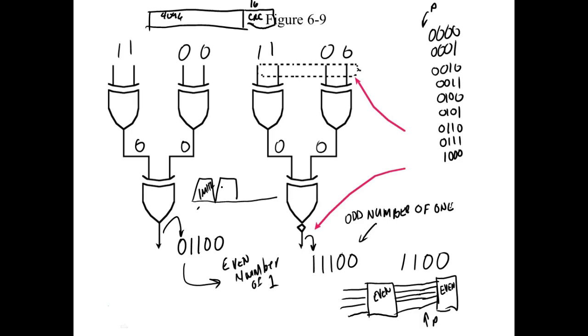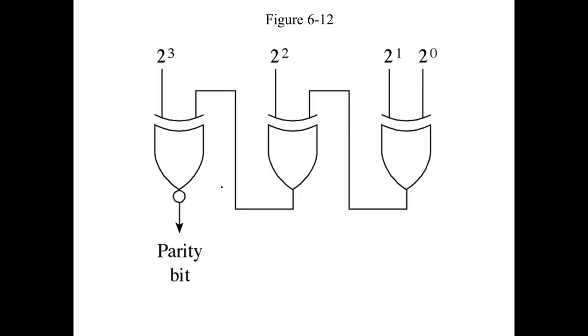So CRC, we still use parity, but we don't use parity as much now as we used to. What does this guy do? This is a parity generator too. What's nice about this circuit is we just keep adding exclusive OR gates or NOR gates, depending on whether we use odd parity or whether we want to use even parity.